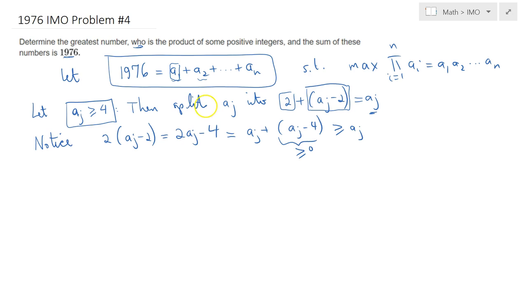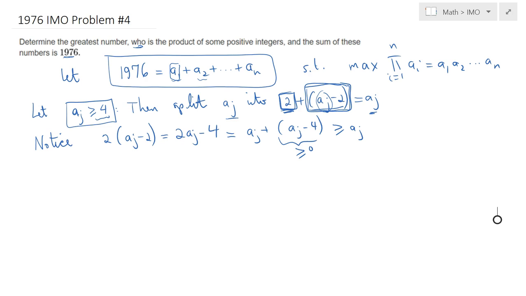So therefore it pays off, it makes sense to split a sub j into smaller pieces, one of which is a 2 and the other piece is reduced. And as long as that piece is greater than or equal to 4, keep splitting. So in each split we increase the count of 2's. And depending on whether a sub j is odd or even, this process will eventually stop when the new number obtained becomes a 2 or a 3.